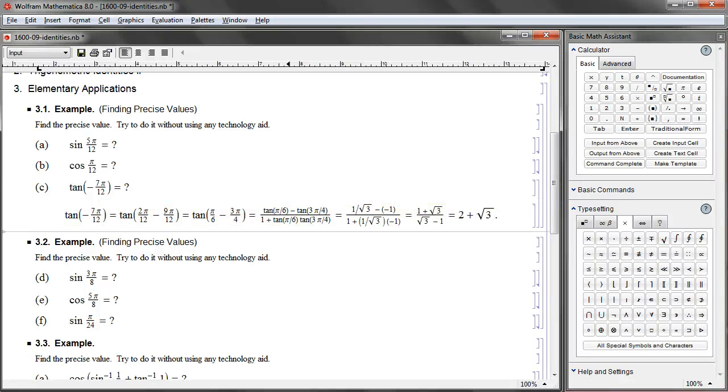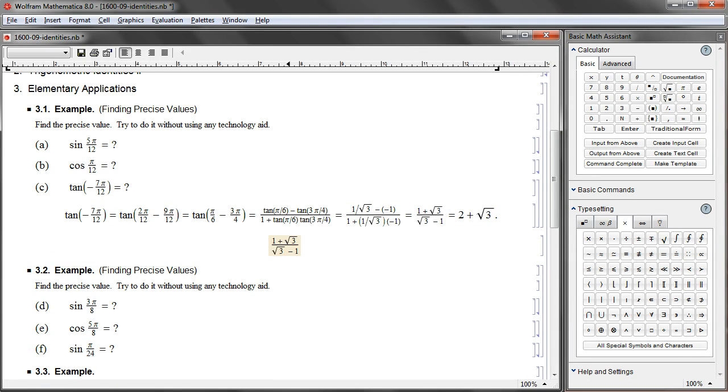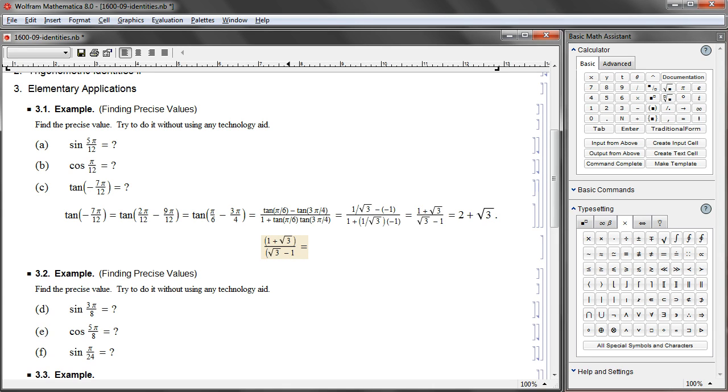The final step of rationalizing the denominator is kind of like this. This is the same as, as a matter of fact, I should have done like this.